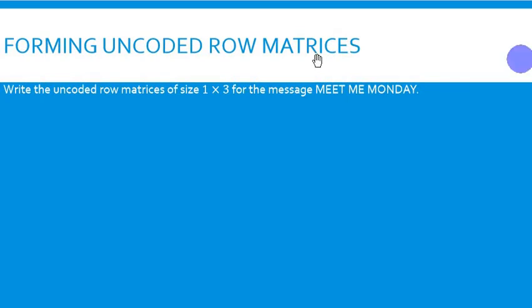For example, we want to write the uncoded row matrices of size 1 by 3 for the message "meet me Monday." We say uncoded because we're just going to write this in numbers with sizes 1 by 3. How do we do that?